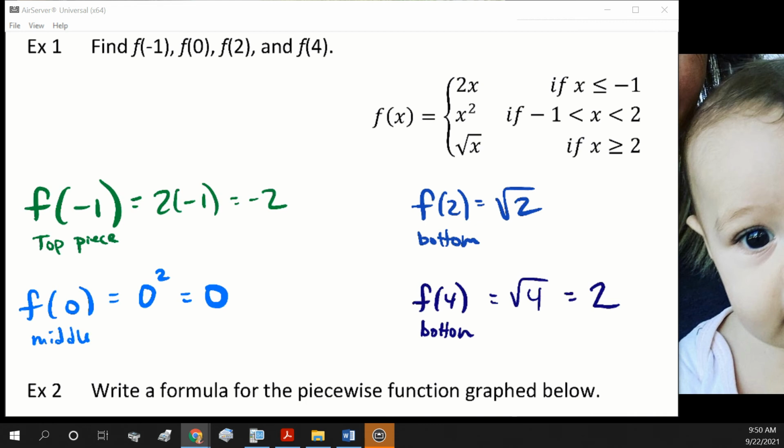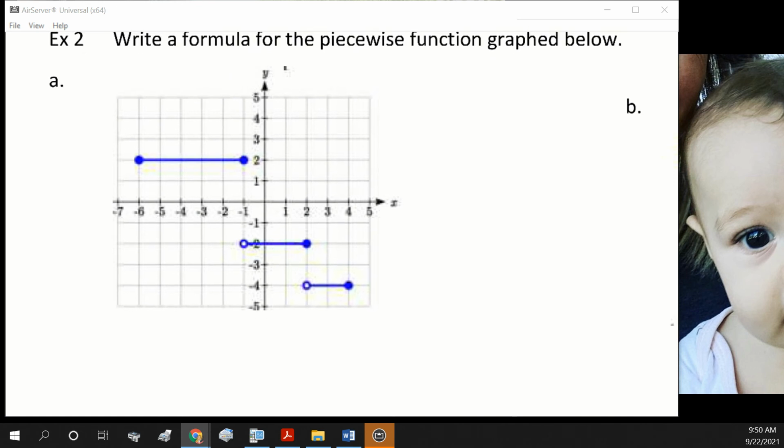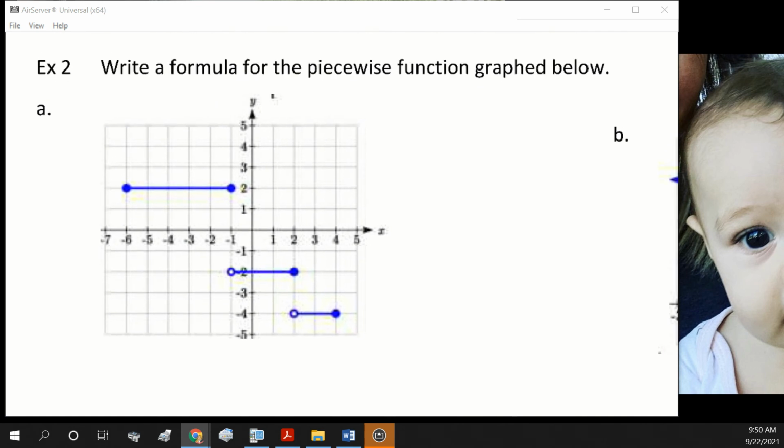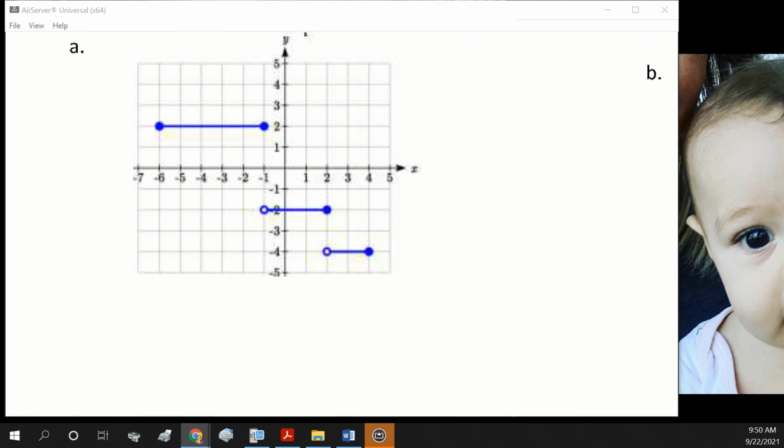All right, so the next thing we're going to do might be slightly more challenging. We have graphs, and we're going to write the function that was graphed. So looking at example 2a, how many pieces do you think we're going to have? 3 pieces. So we're going to call this f of x equals, then you need to draw a brace.